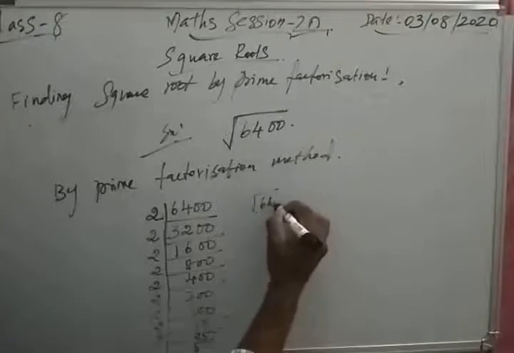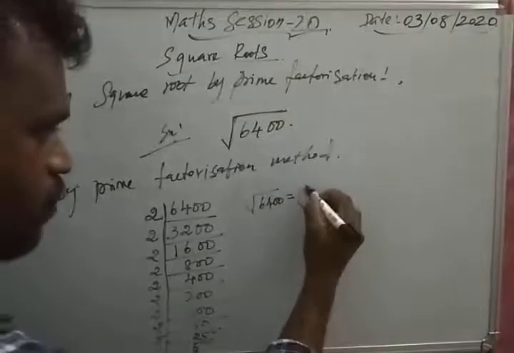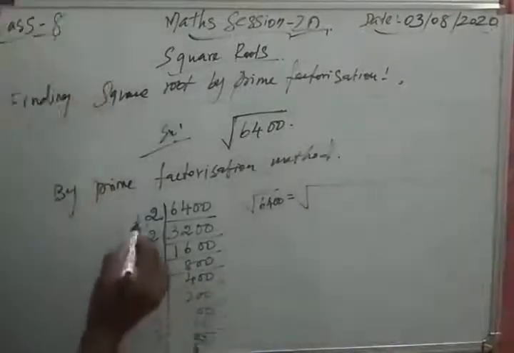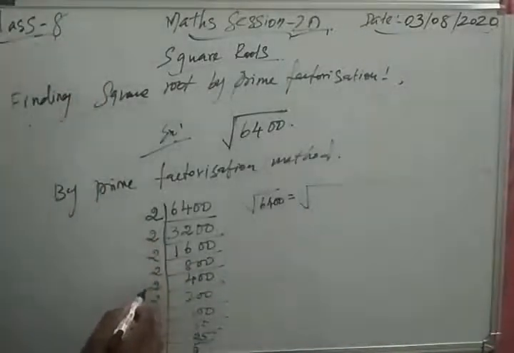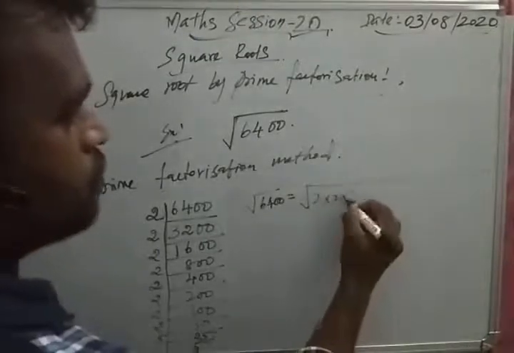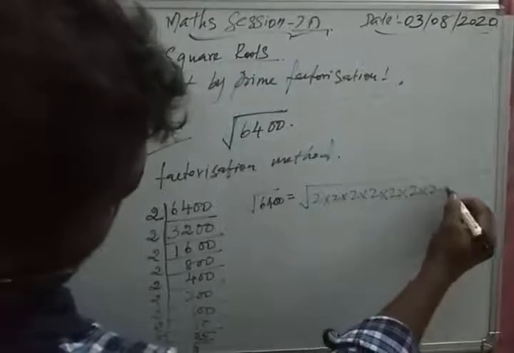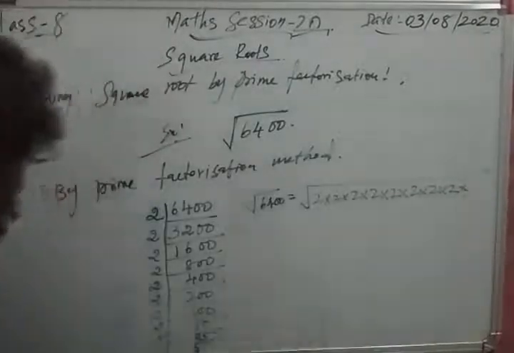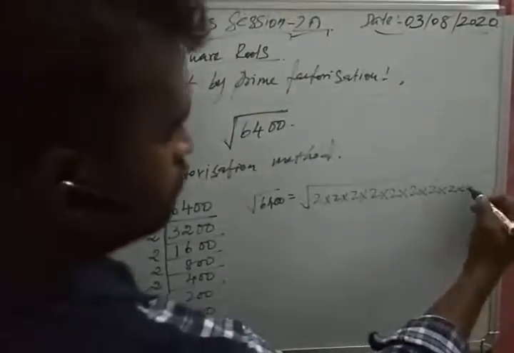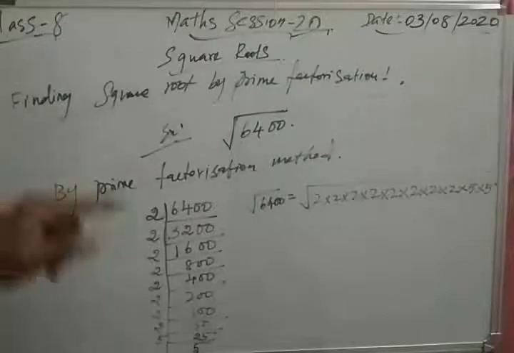Now you have to write all the terms. Root of 6,400 is equal to, in the root we write all the numbers: eight 2s, then 5 and 5. For a square we multiply by 2, right?